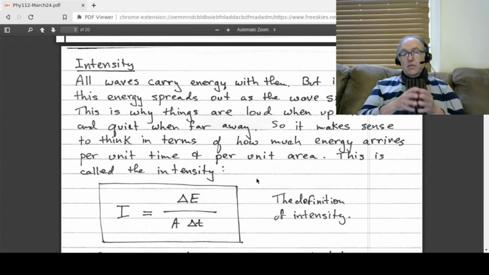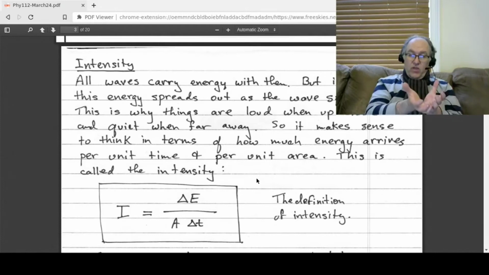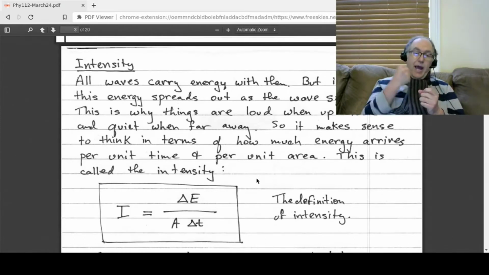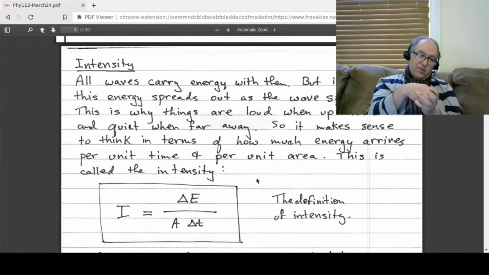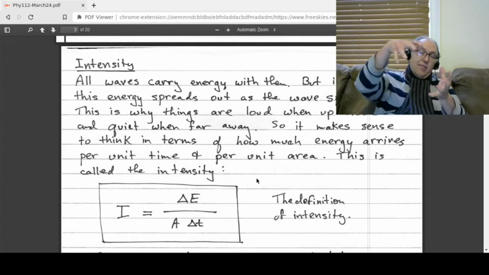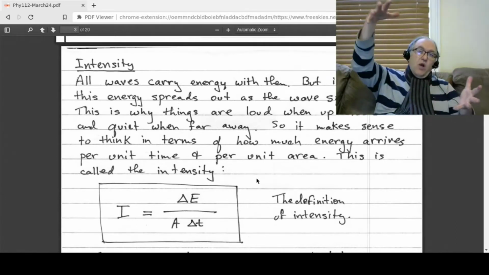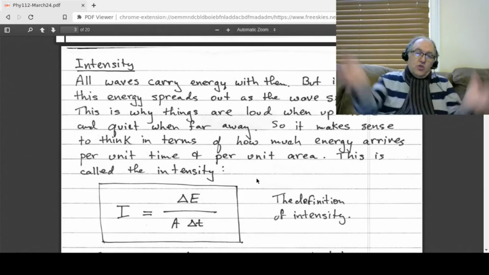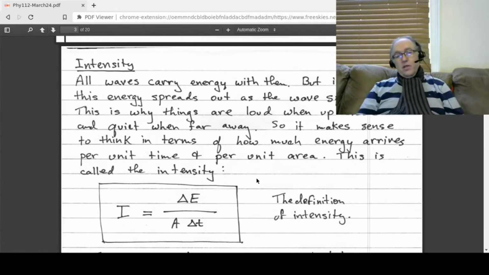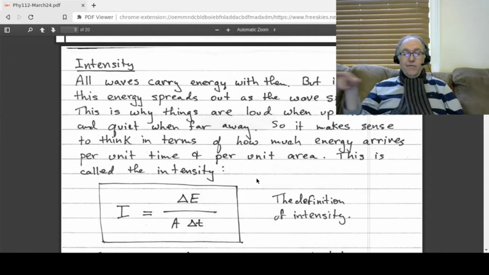The amount of energy on any one of those spheres is constant, because that was the energy given by the alarm at, say, t equals 0 when the crest was first born. That energy, say 10 joules, stays the same. But now that energy is being smeared out over a larger and larger surface area for the crest. And so as you get further away from the sound source, it becomes quieter.